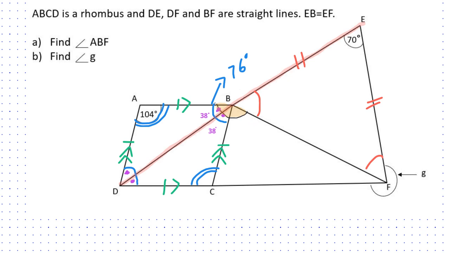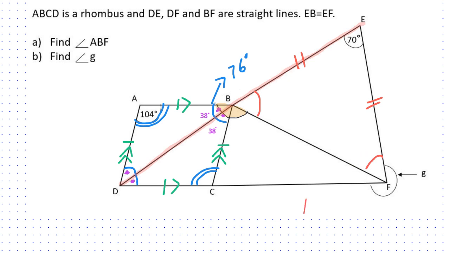So earlier we concluded that EBF is an isosceles triangle. We know the sum of angles in a triangle is equal to 180 degrees. So since the value of this angle has been given to us, we can find the values of the angles marked in red.